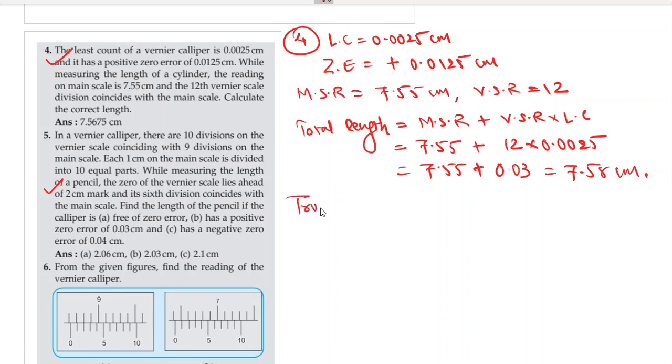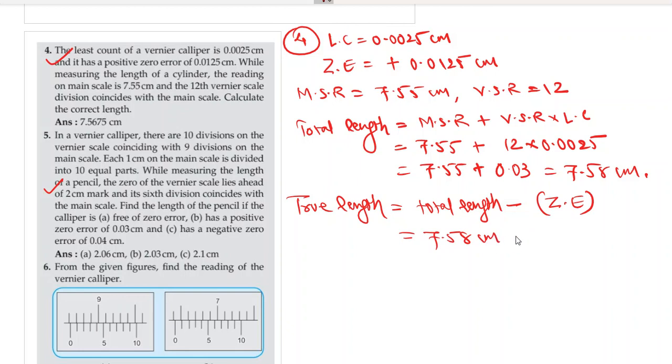Now true length. True length means taking into consideration the zero error. So true length is equal to total length minus zero error with its sign. So total length is 7.58 centimeter minus zero error, which is plus 0.0125 centimeter.